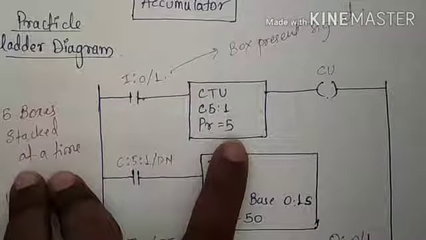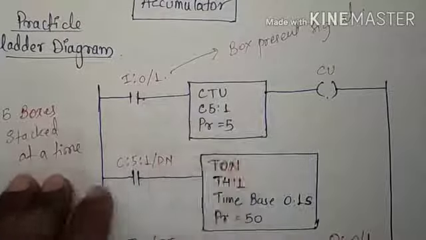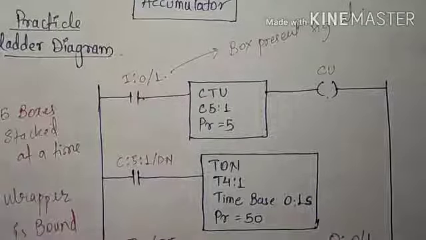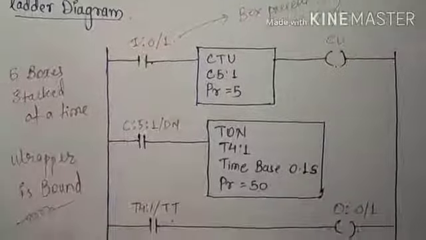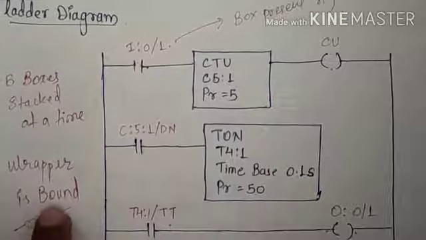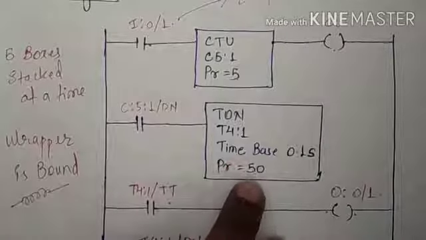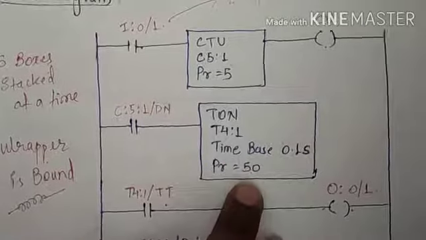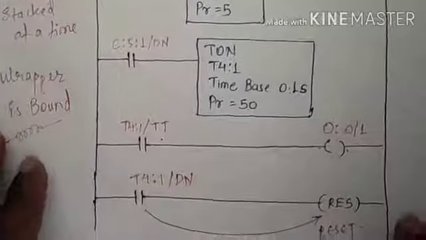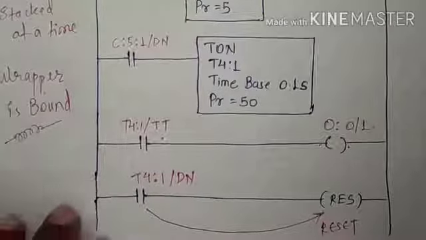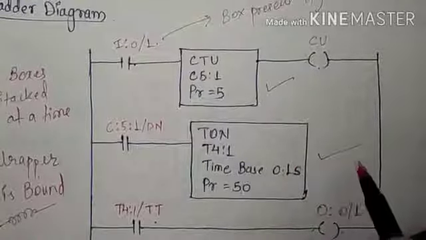If I am using a counter down, then the counter CTD will be used, and the counter will count the 5 boxes in reverse manner. And then there will be an output, since we have to wrap those boxes. The output is denoted with O:0/1, and we are using a timer which will count the operation and the boxes within the preset limit. So in this experiment we are using both the counter and timer together.